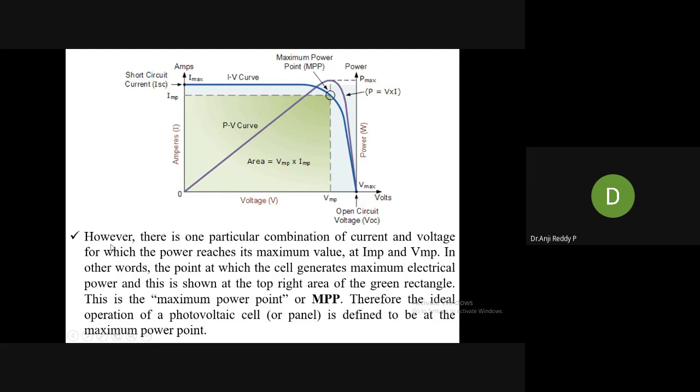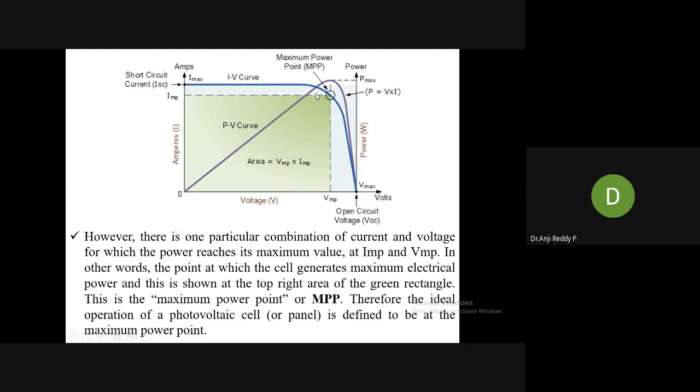However, there is one particular combination of current and voltage for which the power reaches its maximum value, at IMP and VMP. IMP means maximum current point, and VMP means maximum voltage point. In other words, this is the point at which the cell generates maximum electrical power, and this is the top right area of the green rectangle.